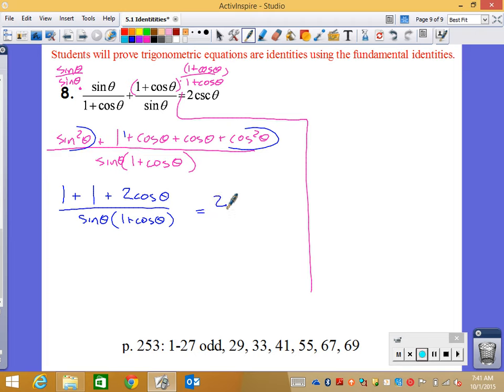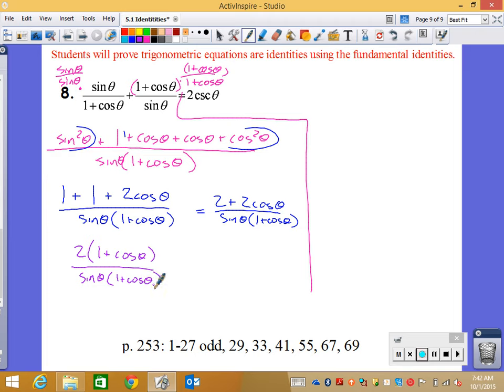This becomes 2 plus 2 cosine theta over my sine theta times 1 plus cosine theta. Now you notice that the top has a common factor of 2. So I'm going to pull that out. I'm going to factor out a 2. So I have a 2 times, I'm left with a 1 in the first term and a cosine in the second term, all over sine theta times 1 plus cosine theta.